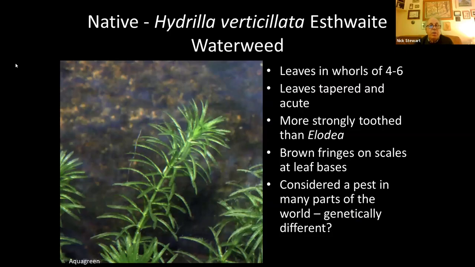Just for comparison, we have one native member of this group, which is the Hydrilla verticillata. It's an extremely rare species. It's in one place in Britain, and I think it's in 2 lakes in Connemara.